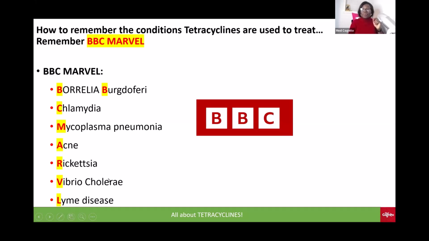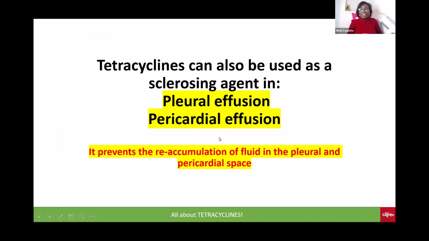V, Vibrio cholerae. And L, Lyme disease, which is caused by Borrelia burgdorferi. So anytime you are being tested on what tetracycline is being used for, remember BBC and remember Marvel, who works at BBC.